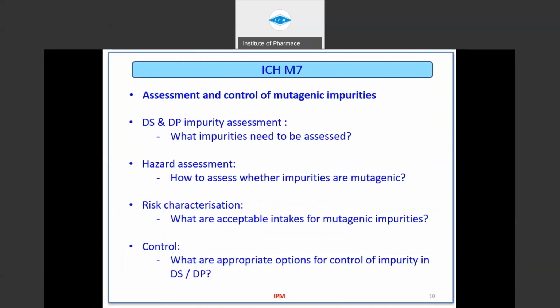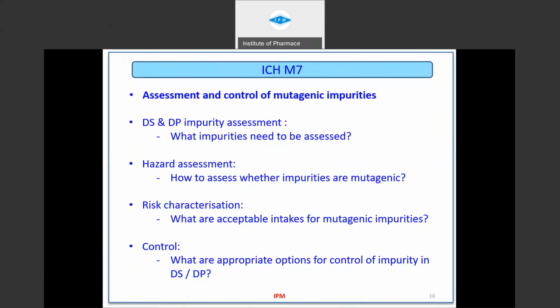So the assessment of impurity starts with the question, what impurities need to be assessed? Then hazard, how do we assess these impurities? How do we find out whether impurity is likely to be or potentially mutagenic?